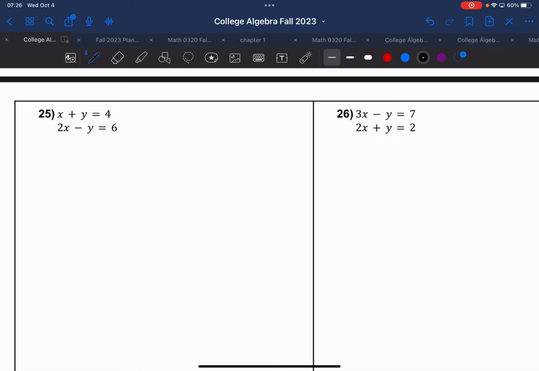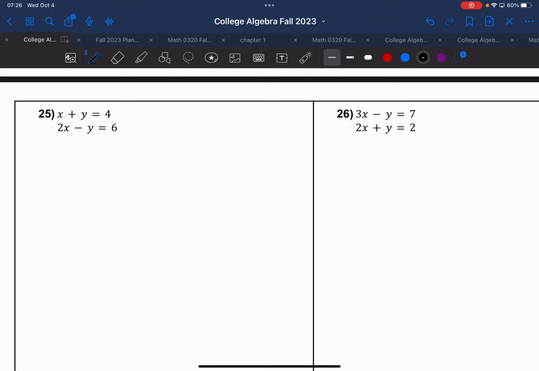Elimination. Okay, so with substitution, we had to get a variable by itself, okay? Then we had to plug in that variable into the other equation. For elimination, we are going to look at these equations and we are going to add them down. And the reason we're going to do that is when we add these equations down, one of the variables will end up canceling.